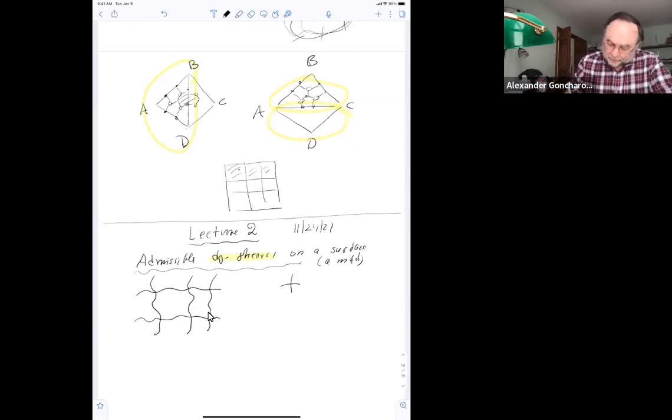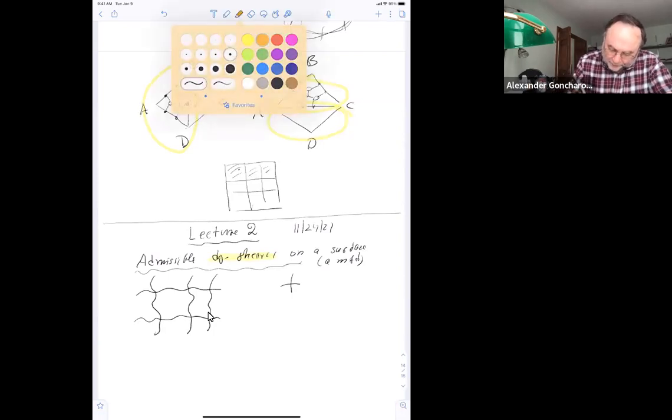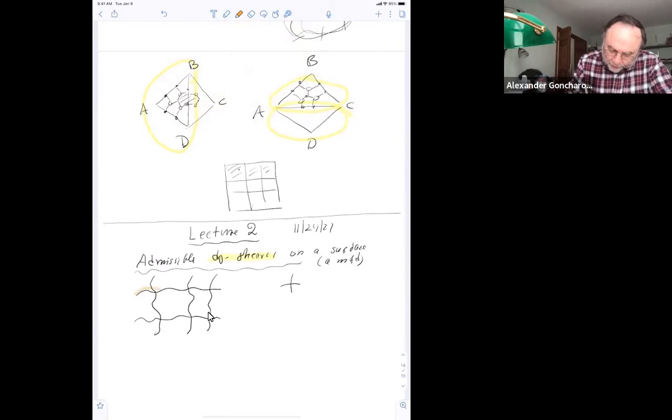First of all, we give ourselves a co-oriented collection of these hypersurfaces. So the co-orientation, one direction here is chosen like that. It's a co-orientation.